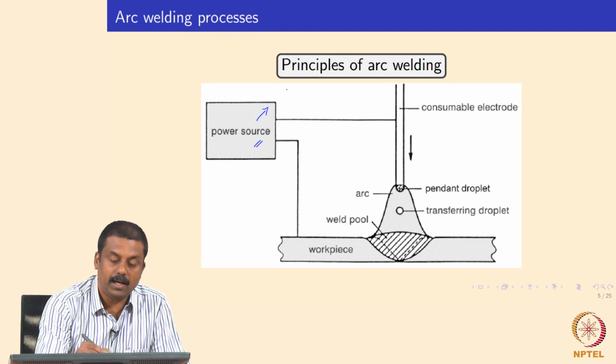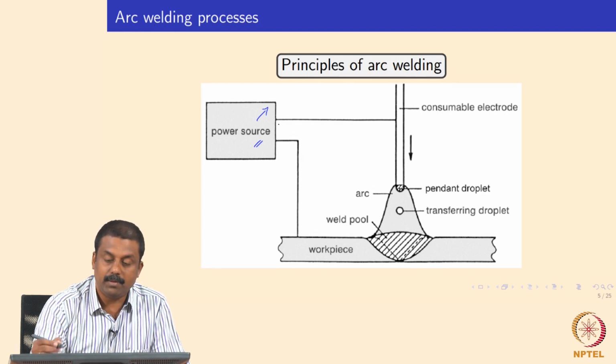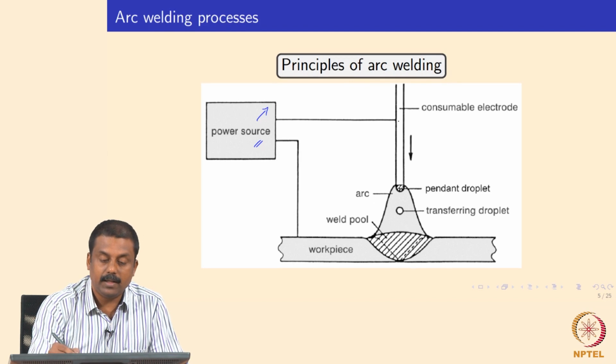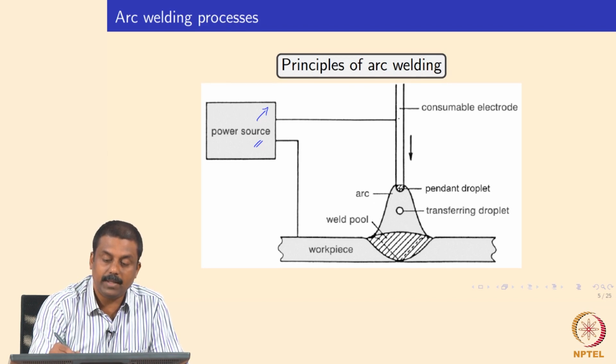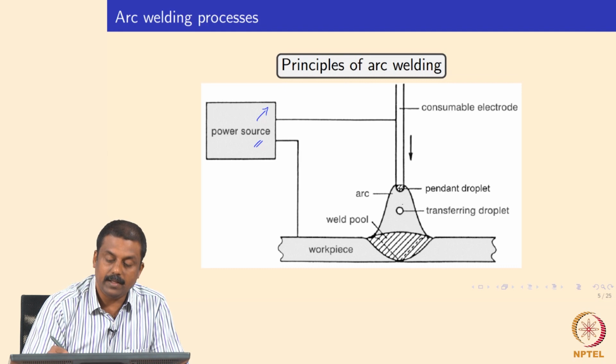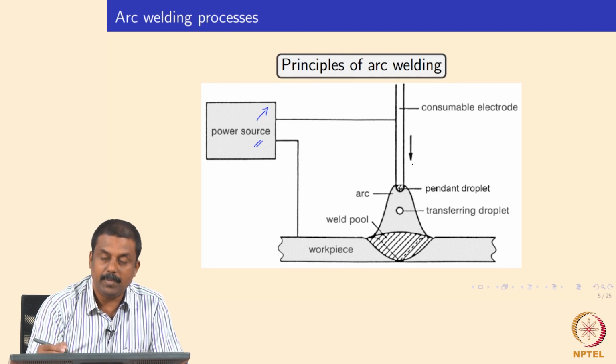It can be either alternating current or direct current. If it is alternating current, we use a transformer. If it is direct current, it is an inverter based power source, and the power source is sending an amperage towards the welding electrode and the workpiece.